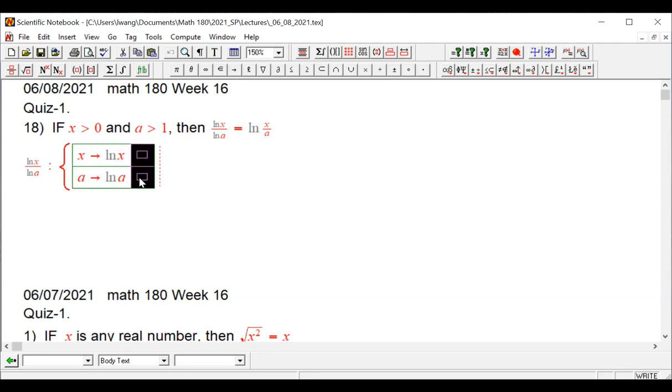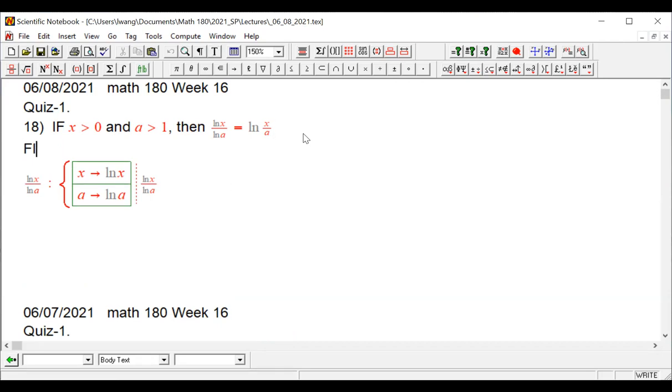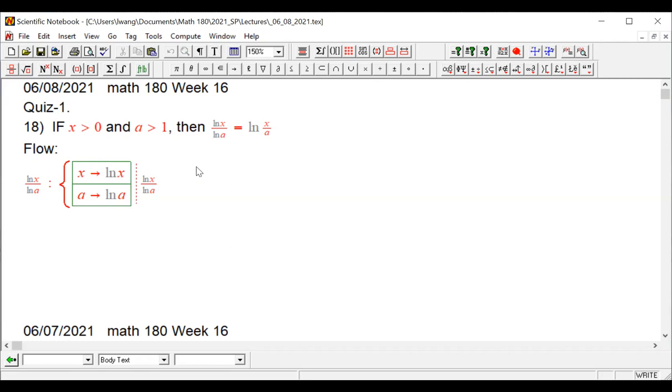After both are done separately, we look at ln x divided by ln a. So that's the flow, the order of operation.